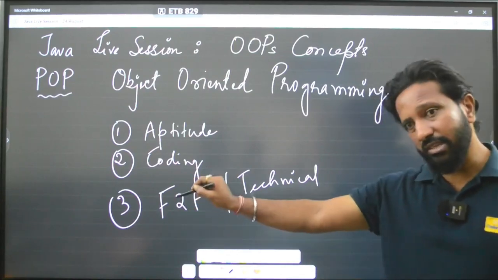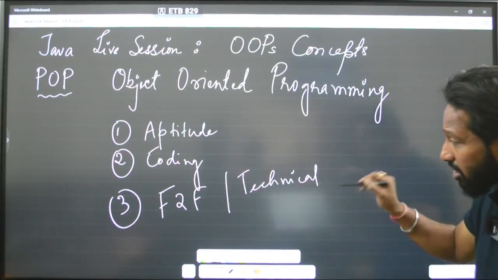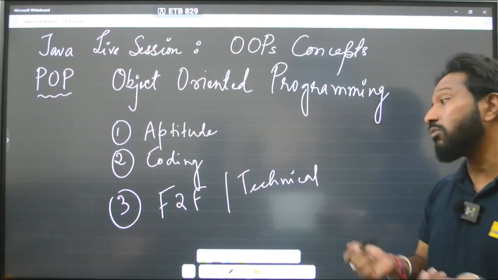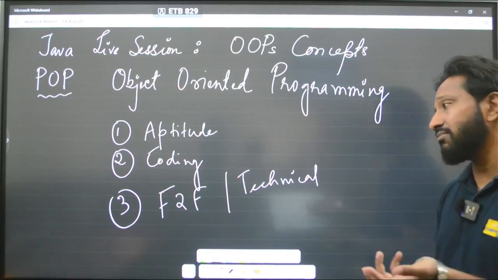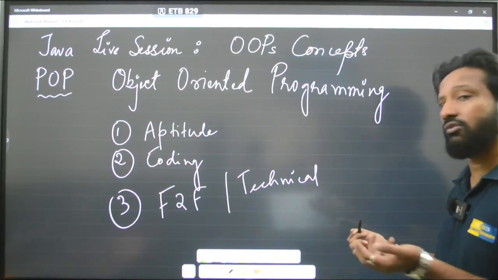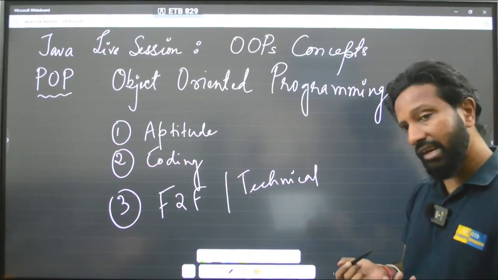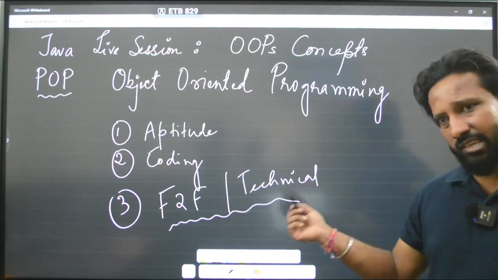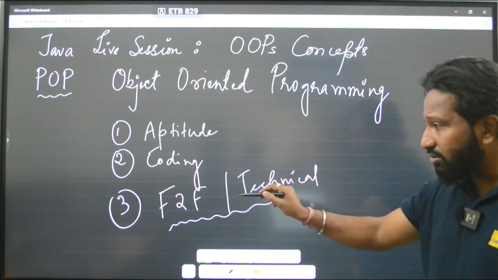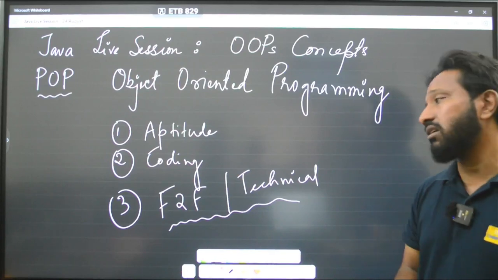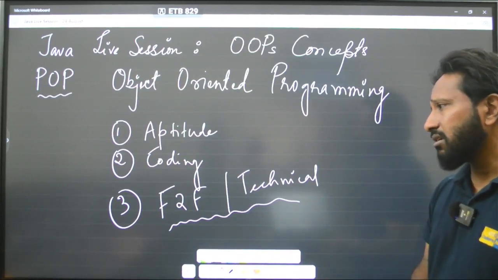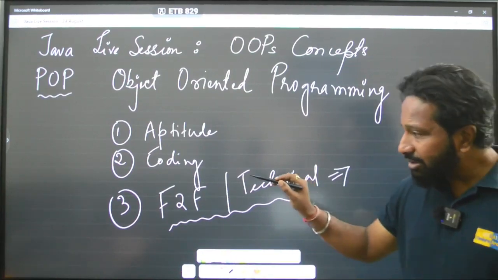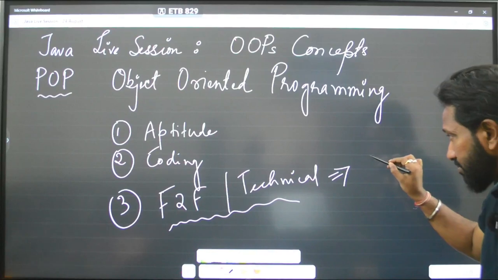In this face-to-face round, we have taken lots of interviews for lots of students, even mock interviews. If you want to prepare for any interviews, you can just tell us, we can have a one-on-one mock with you also. What I have experienced in the last 10-15 years is that in the face-to-face rounds of most multinational companies, 90% of the questions are from OOPS concepts.